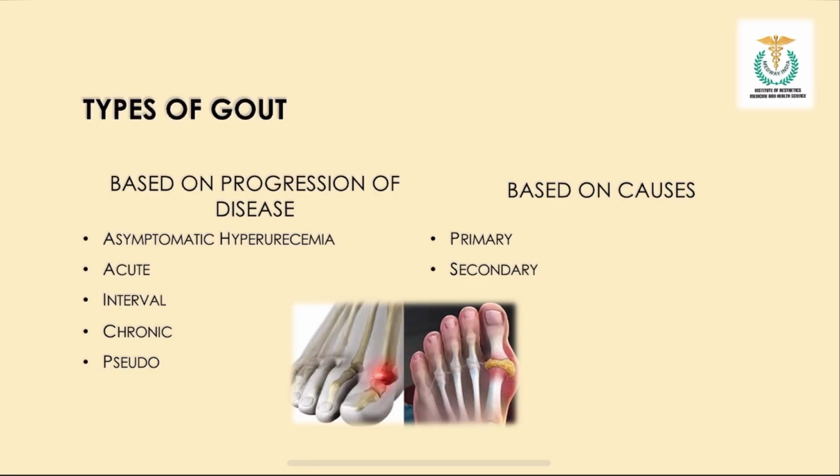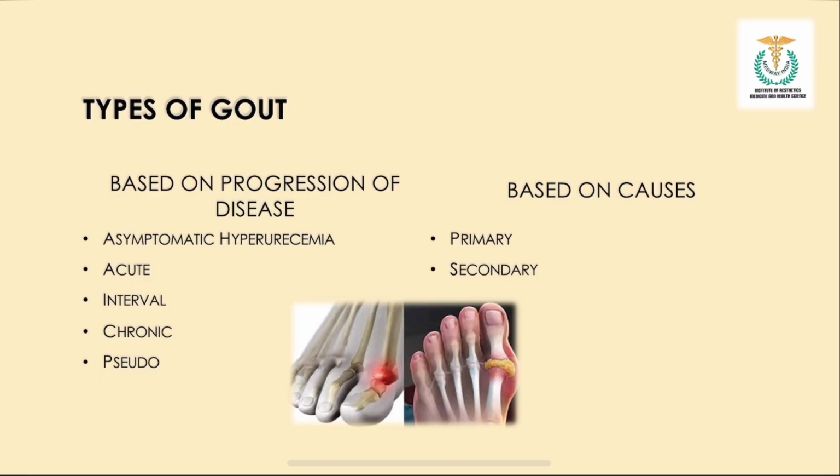Acute gout: in this condition, the uric acid crystals get deposited and cause inflammation and intense pain, and the pain will subside within 3 to 10 days. It is triggered by stress, alcohol, drugs, and cold weather.